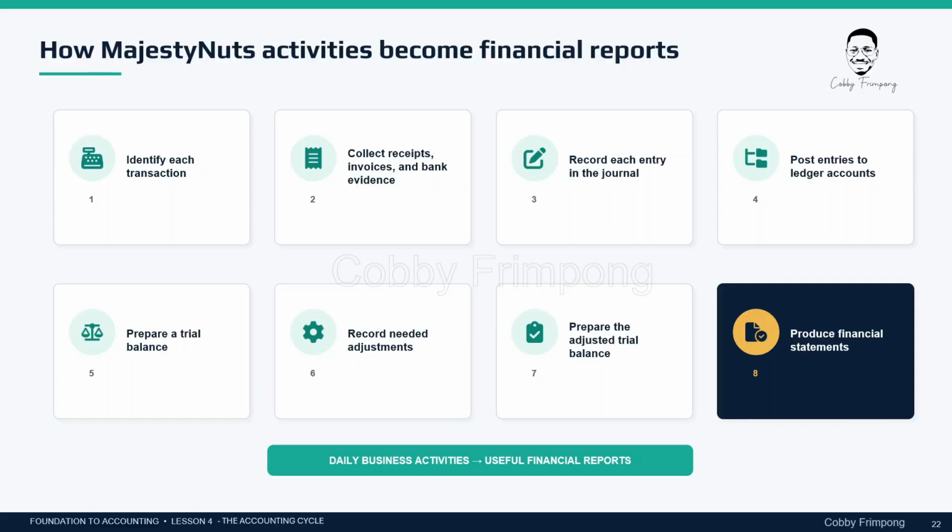Then they are posted to ledger accounts. Then a trial balance is prepared to check whether debits equal credits. Then adjustments are made for unpaid bills, prepaid expenses, or depreciation. Then the adjusted trial balance is prepared. Finally, the financial statements are produced.